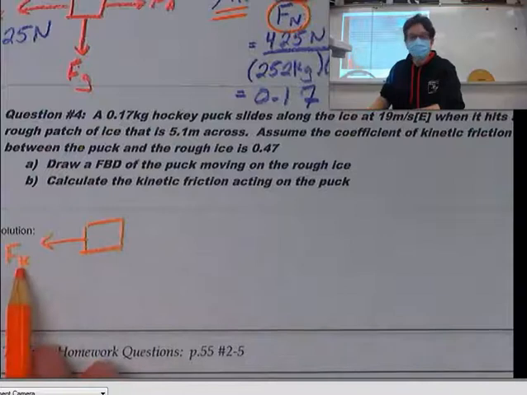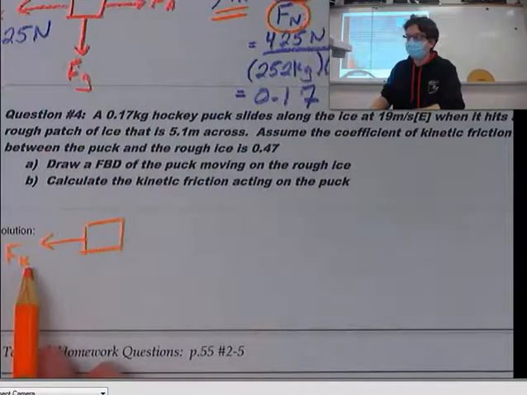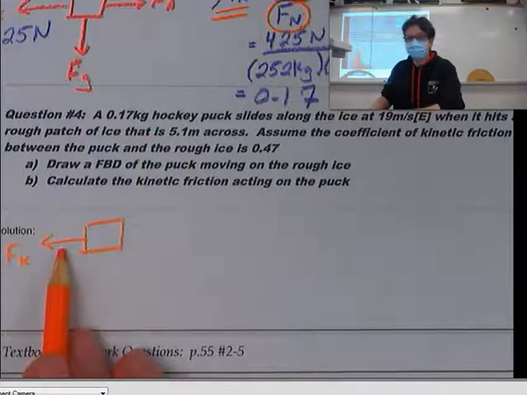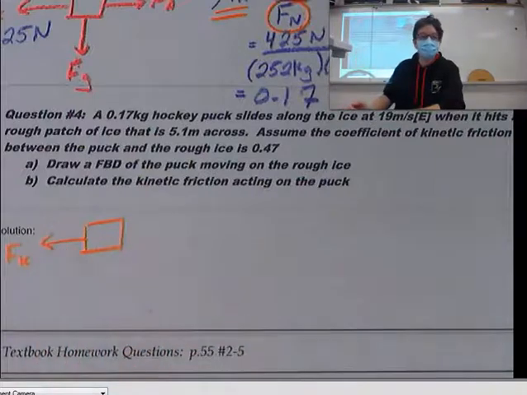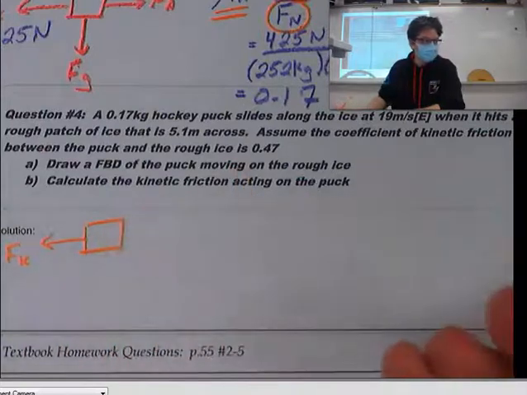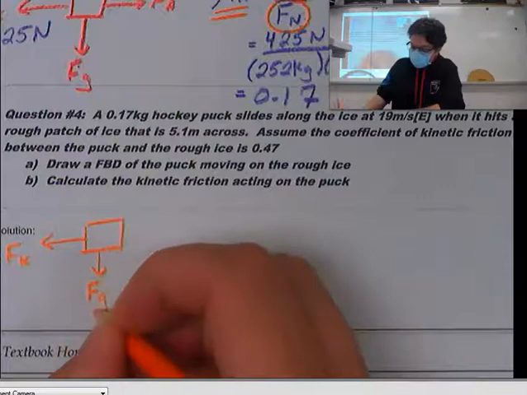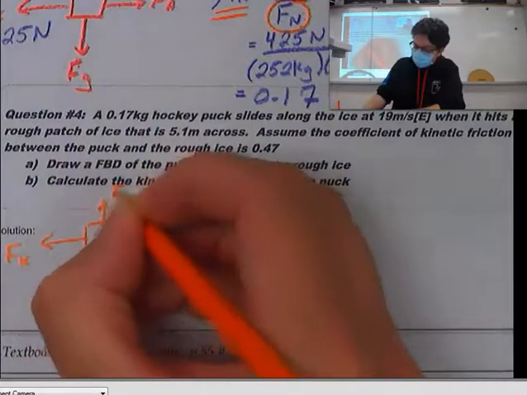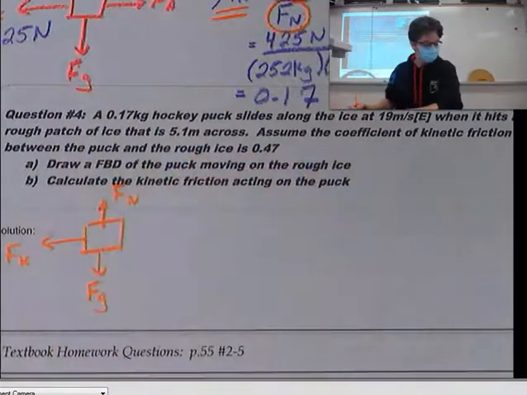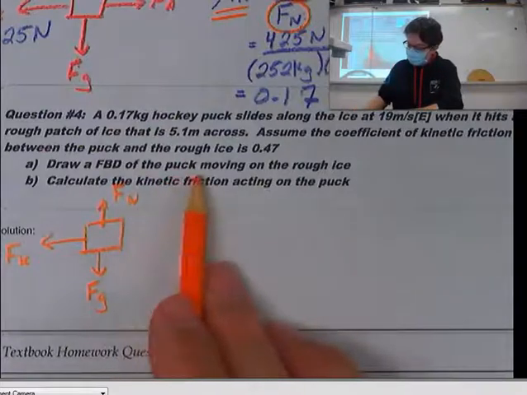Meaning, this is going to cause an acceleration. It's going to be a negative acceleration, so the hockey puck's going to slow down. And that makes sense. Okay? And of course, we also have our gravity and normal, which will be equal and opposite. Okay, so there's our free body diagram.